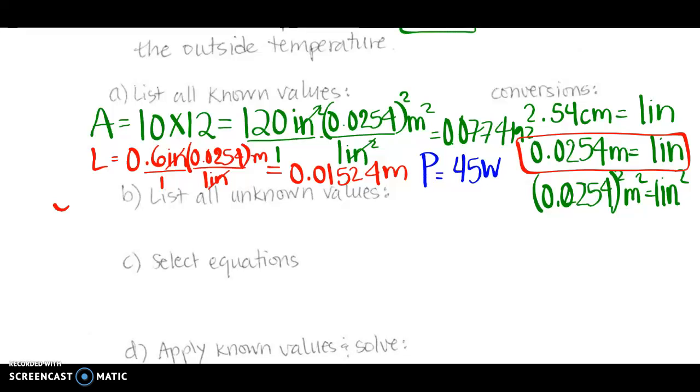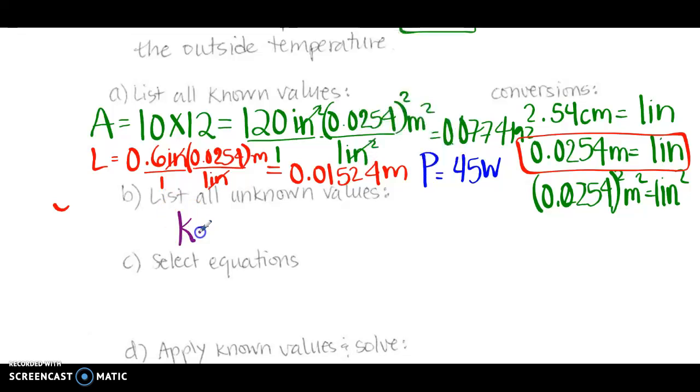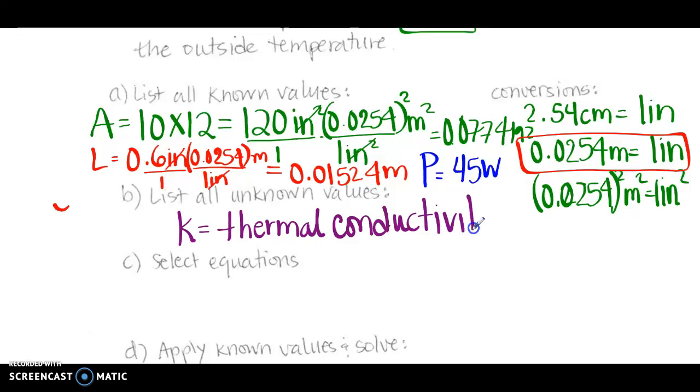So the unknown value, what we're looking for in this problem, is the thermal conductivity, which is K. Okay, so selecting the equations, look at your set of equations and find the equations that deal with K, first of all, P, L, A, and then we also know, for our known values, that the change in the temperature from the outside of the box to the inside is 20 degrees, and that needs to be in Celsius, and it is in Celsius, so there's no converting necessary.